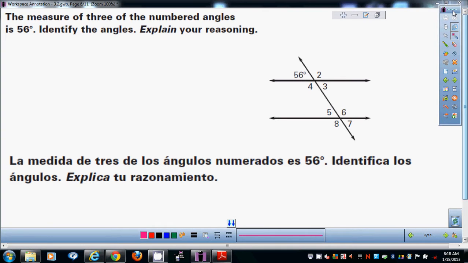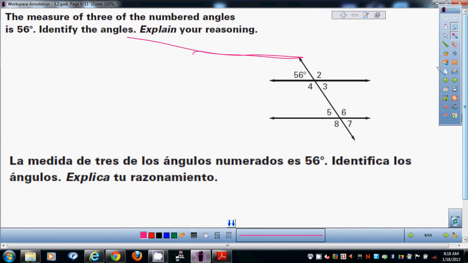Oh, it didn't tell us they were parallel, did it? Darn it. I may have cut off part of the directions. I think I did. These lines are parallel. I apologize if I cut off part of the directions. Look, arrows, parallel. Just without even using your theorems and postulates, looking at which angle is 56, please tell me what other angles are 56.